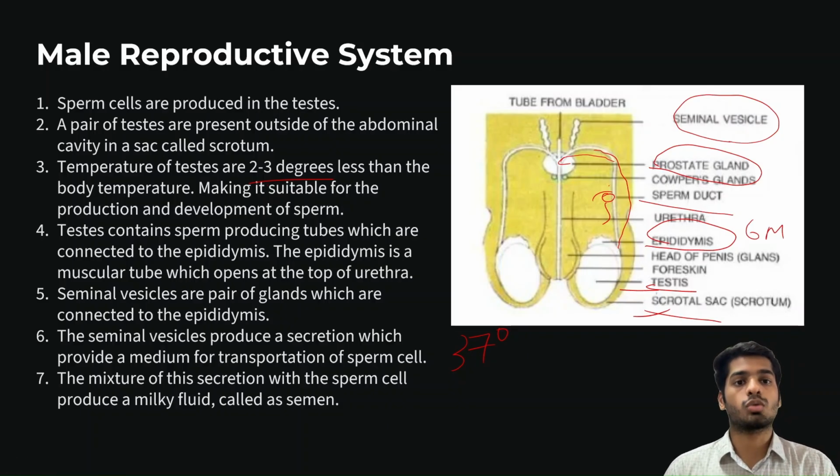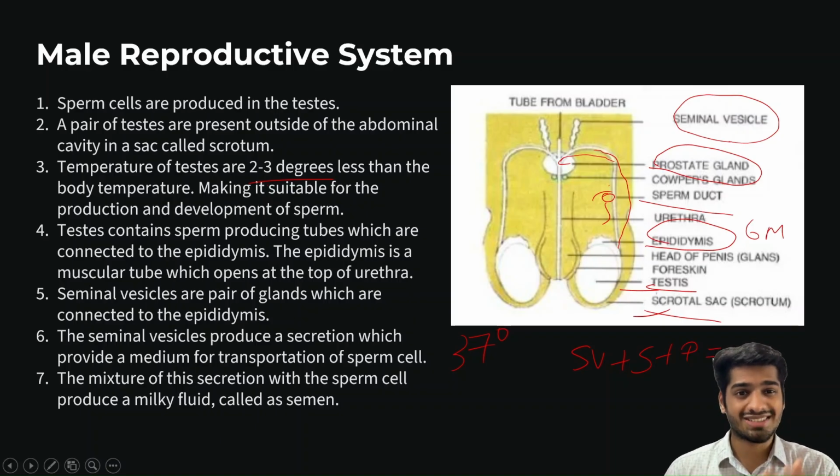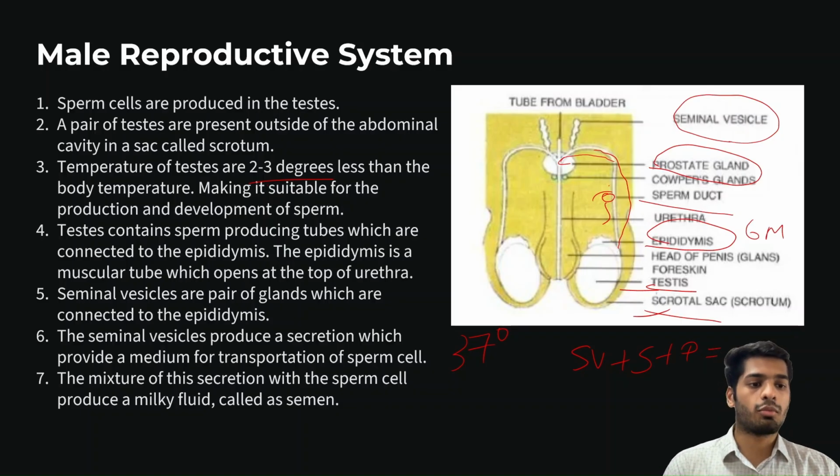This fluid with your sperm cells is now known as semen. So semen is nothing but seminal vesicle secretion plus sperm cells plus prostate gland secretion. All together they make your semen. Semen is that white, milky colored liquid that we can see, and in this we have sperm cells. One more thing we need to remember related to the seminal vesicle is that it gives fructose.